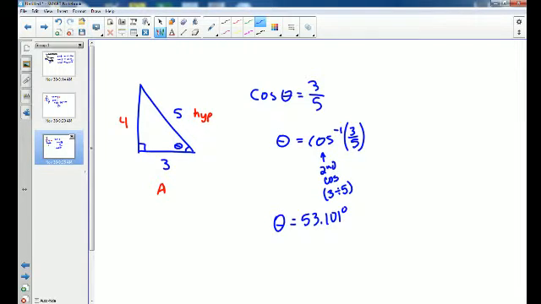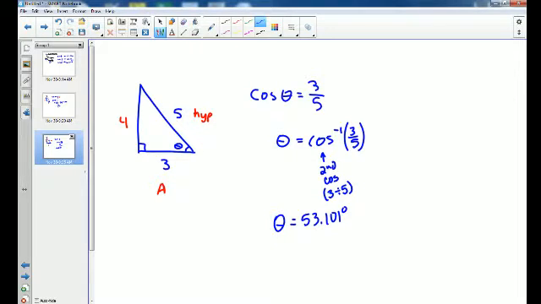Divide 5 by 3. 3 divided by 5. Oh, you have to use the inverse. Let's compute. How far do you want us to go in decimals? 3. Okay.